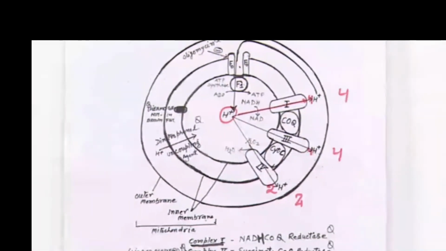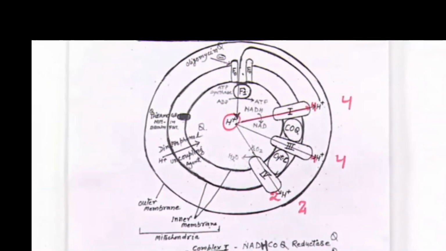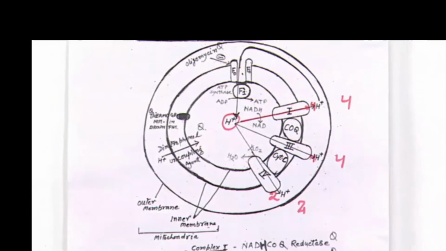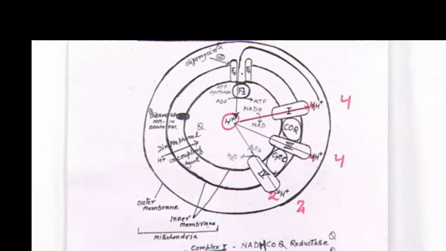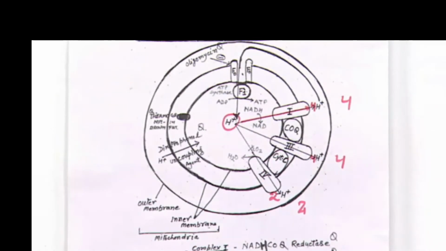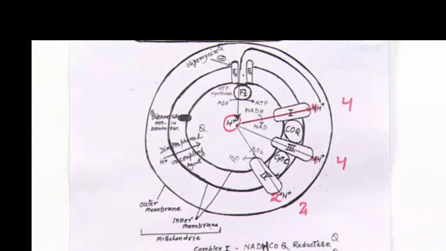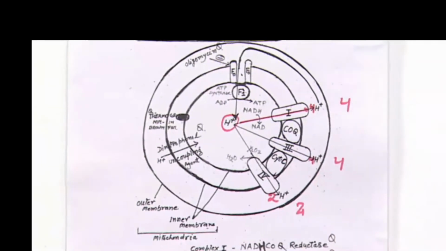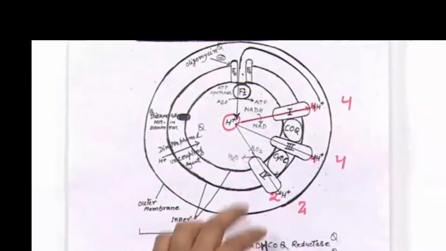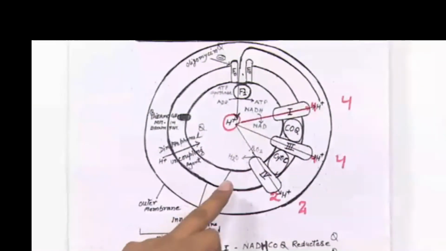So now we say NADH produce how many ATP? 2.5 ATP. Okay, so NADH produce 2.5 ATP. Clear? Complex second is not shown in this diagram. Complex second definitely present at inner mitochondrial membrane, but not shown in this diagram.